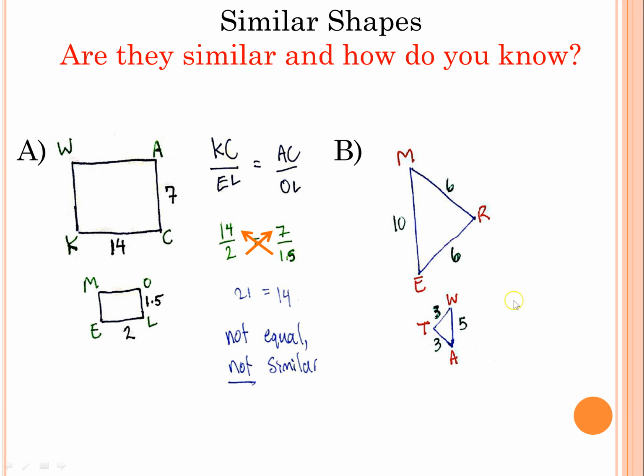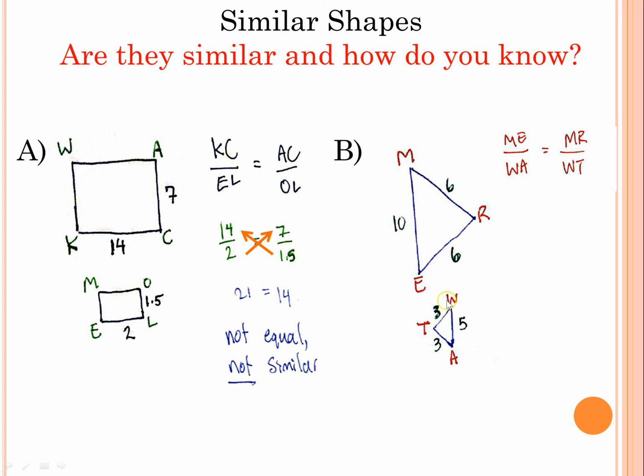Sweet. All right, let's look at MER and WAT. So I'm going to set up the same things. I'm going to see that ME corresponds to WA and MR corresponds to WT. Cool. Now, the extra side I could definitely use, but I don't want a triple-decker fraction or something weird, so I'm just making it straightforward.